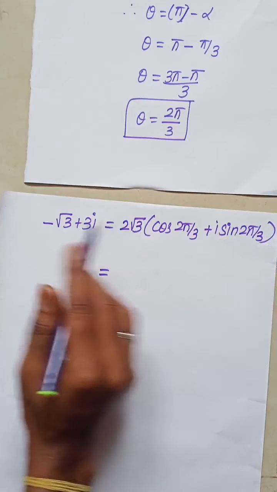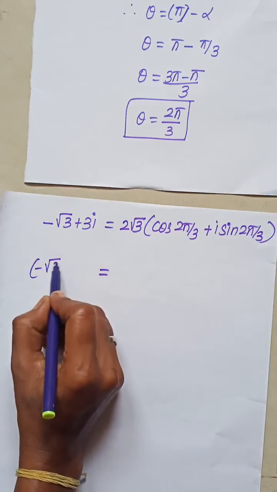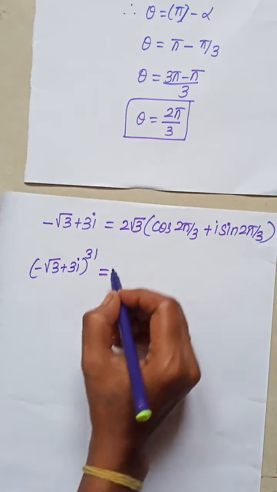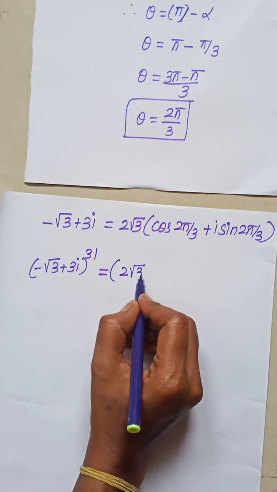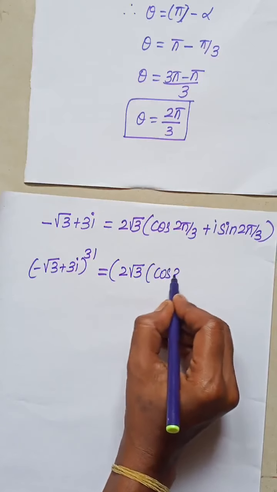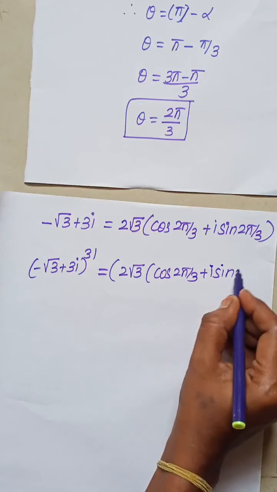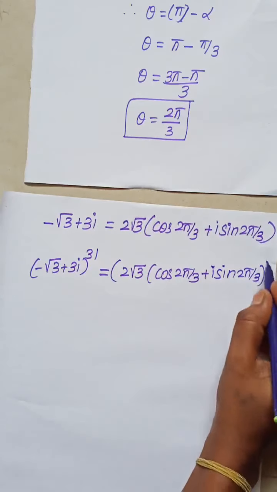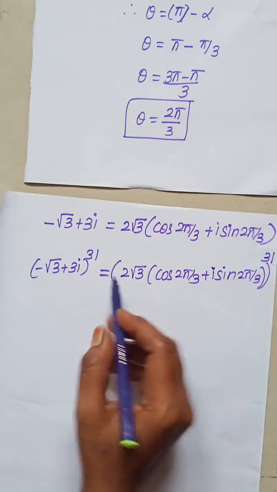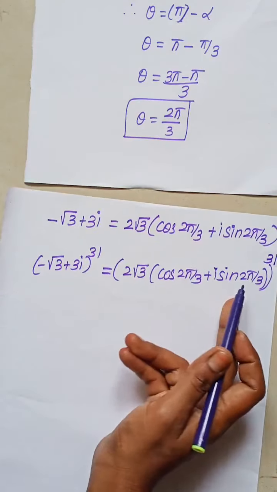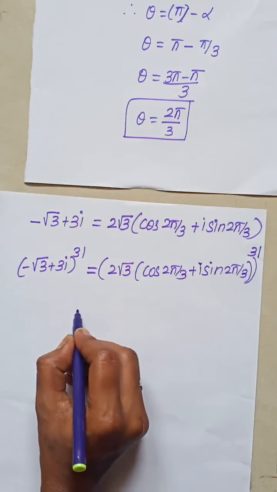Write it as usual. Here it is minus root 3 plus 3i whole power 31, so the right hand side is also taken as whole power 31: 2 root 3 into cos 2 pi by 3 plus i sin 2 pi by 3 the whole power 31.